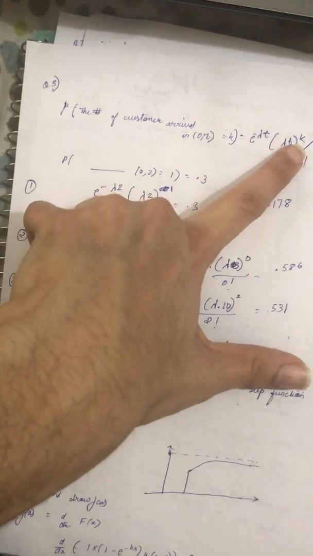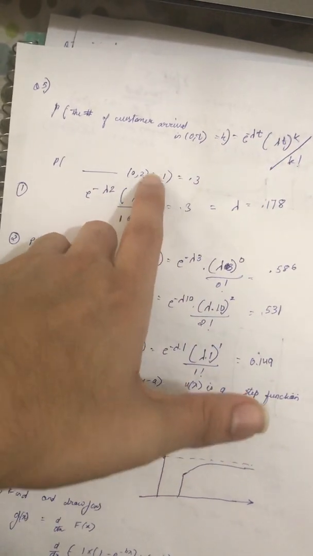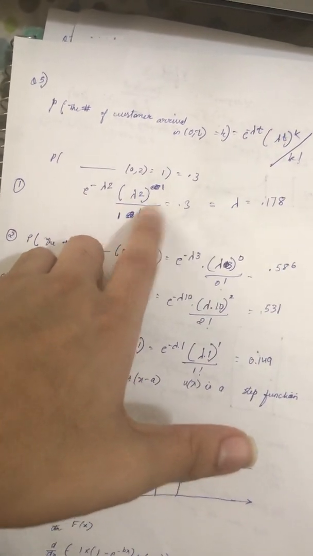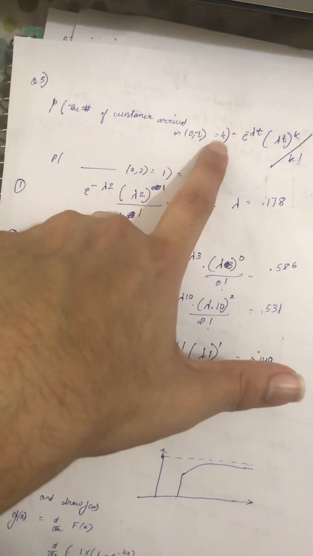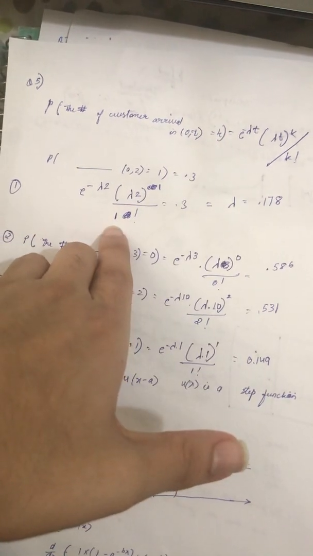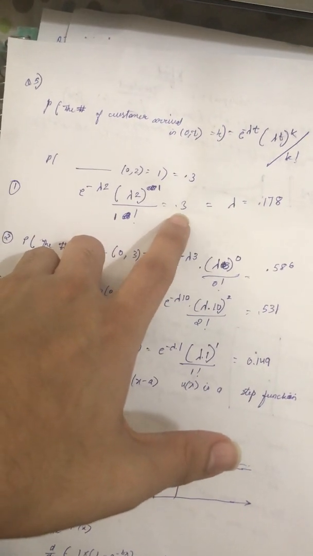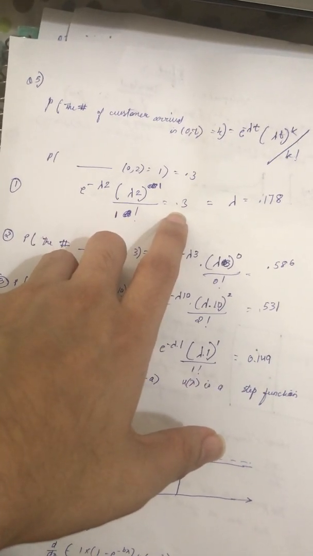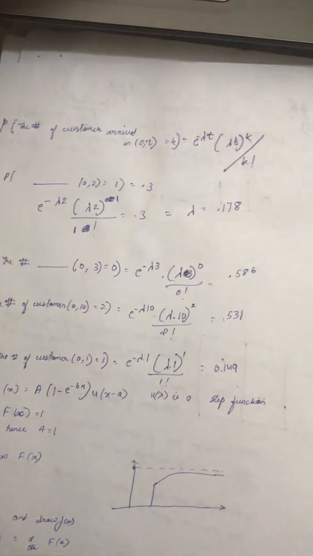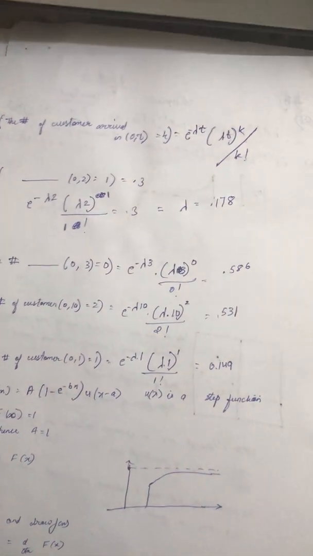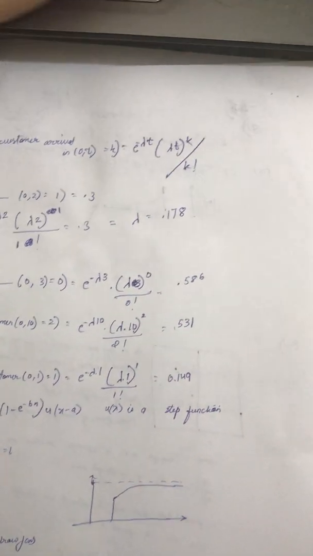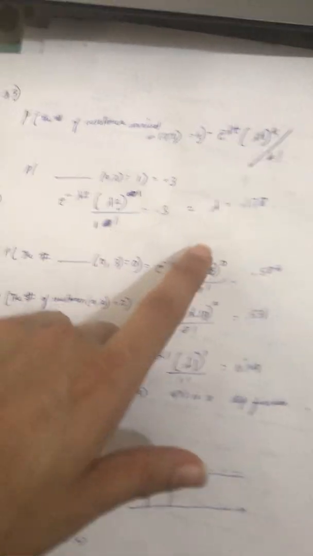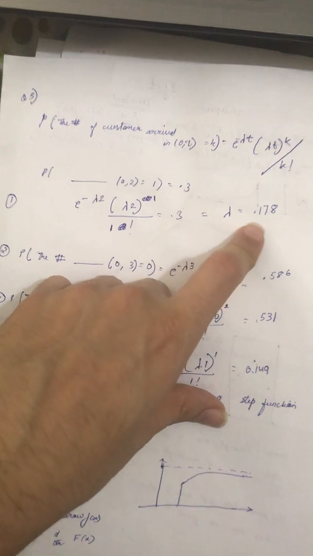As k is equal to 1 and t is equal to 2, divided by k factorial, the number of customers arriving, so 1 factorial, is equal to the probability 0.3. After solving this equation, we get lambda is equal to 0.178. So we need to use this lambda for further questions.